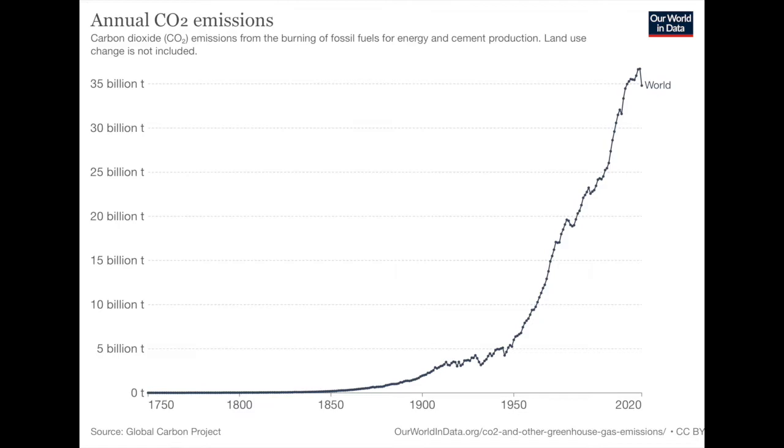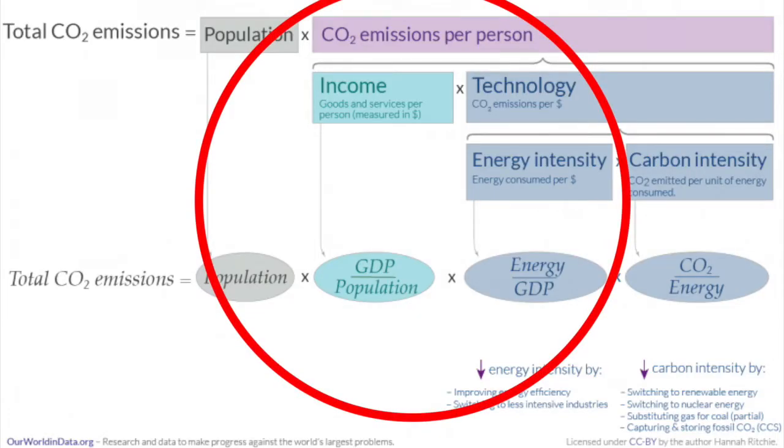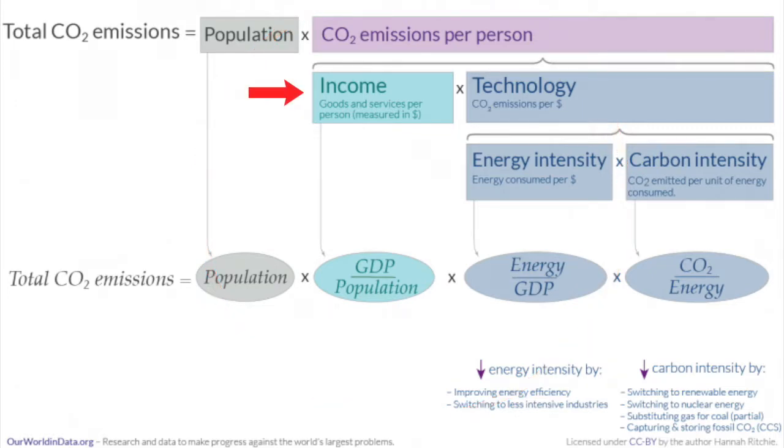But total CO2 emissions not only depend on the carbon intensity of the fuel that we use, they also depend on the population and on the amount that we emit per capita, which is related to our lifestyle, and is connected to the income and to the technology, right?